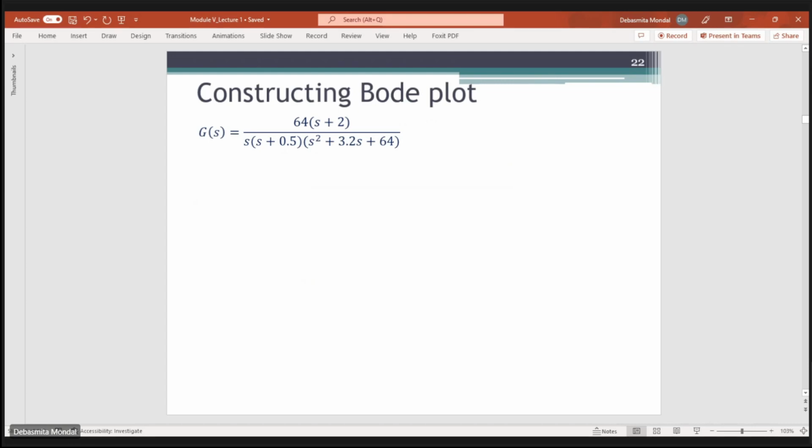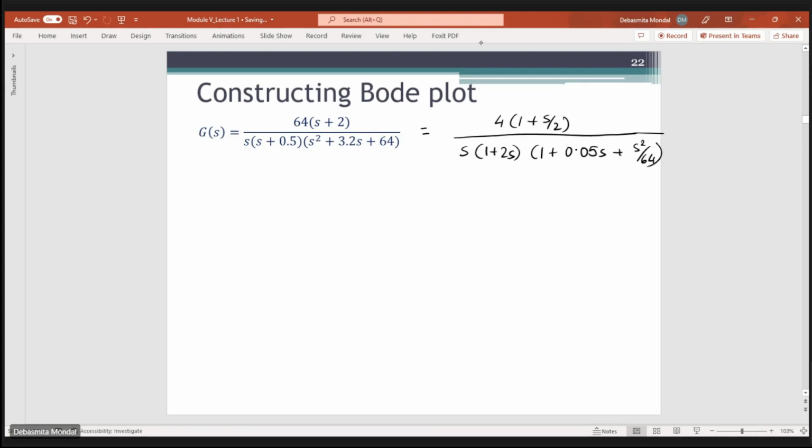Let's say you have been given a transfer function G(s) equals s into s plus 2, and so on. The first step is to express it in standard form. So this can be expressed as 4 into 1 plus s by 2, divided by s into 1 plus 2s, then 1 plus 0.05 s plus s square by 64.